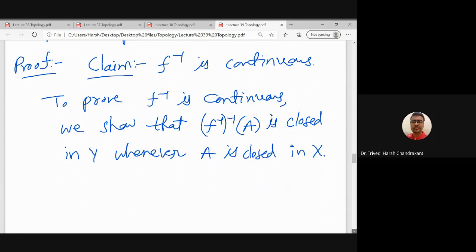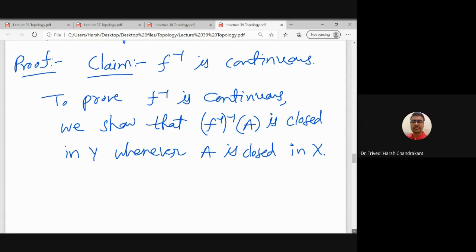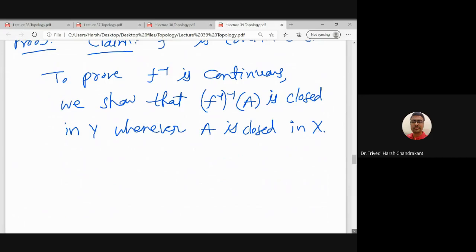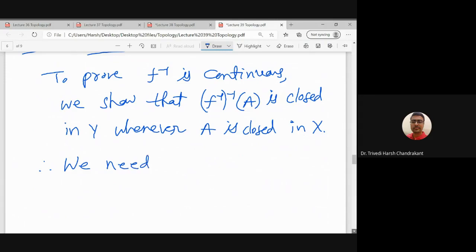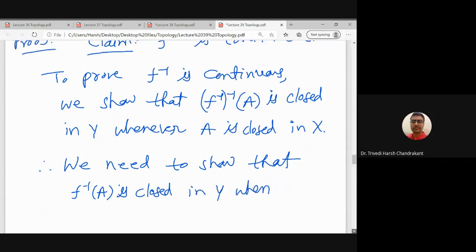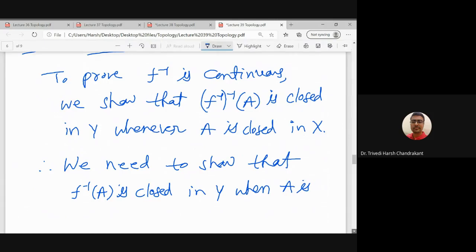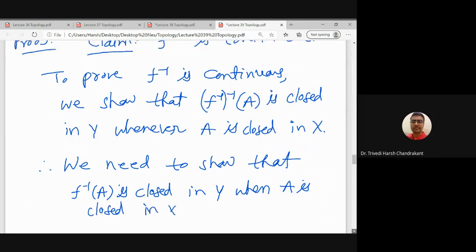Okay, thanks. So as you have mentioned, whenever we take A a closed subset in X, we have to show the inverse image of that set is closed in Y under the f inverse function. Since f inverse is f, we need to show that f of A is closed in Y when A is closed in X, right?